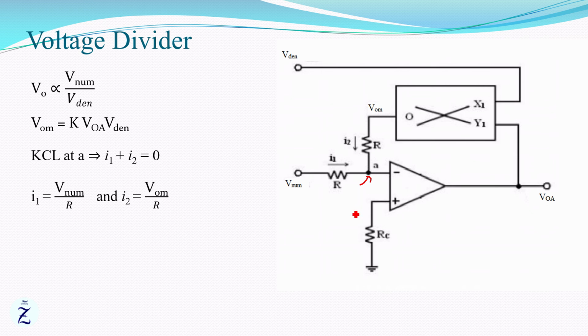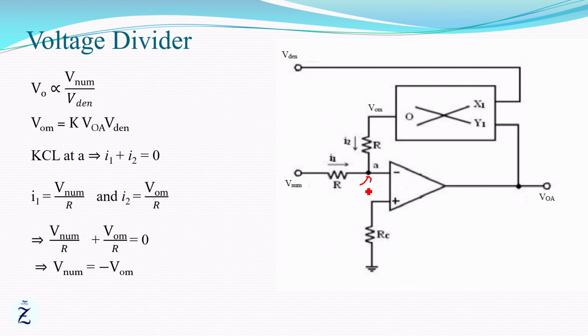I1 is equal to V numerator minus 0 divided by R, and I2 is equal to VOM minus 0 divided by R. Then V numerator divided by R plus VOM divided by R is equal to 0, so V numerator divided by R is equal to minus VOM divided by R, and we can say that V numerator is equal to minus VOM.